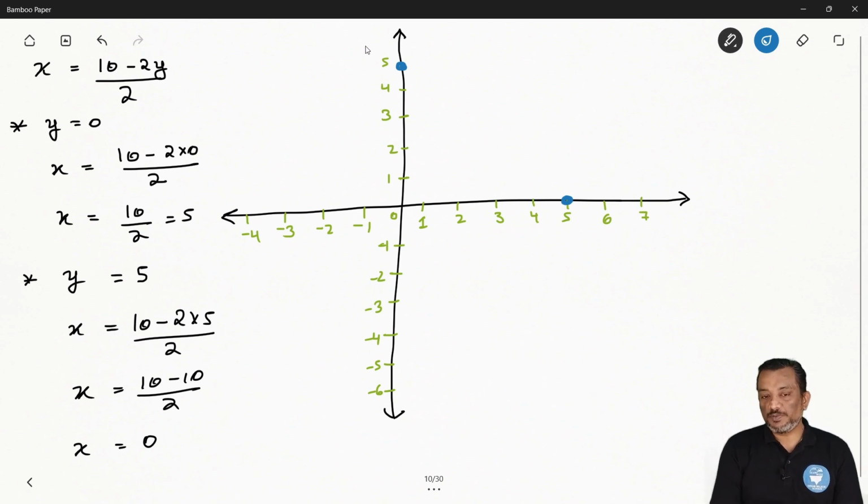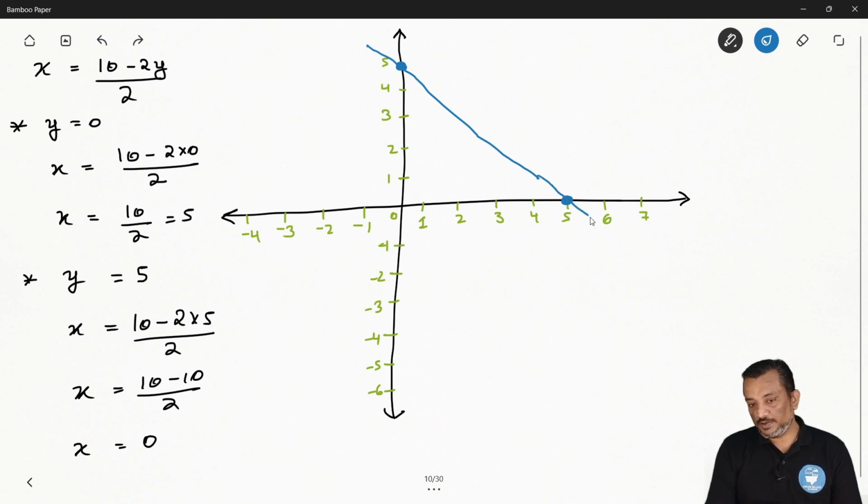So no need to represent. So we can say, hey, the equation will go like this way. Okay, so equation you will have like this way. Okay, so they both will coincident to each other.